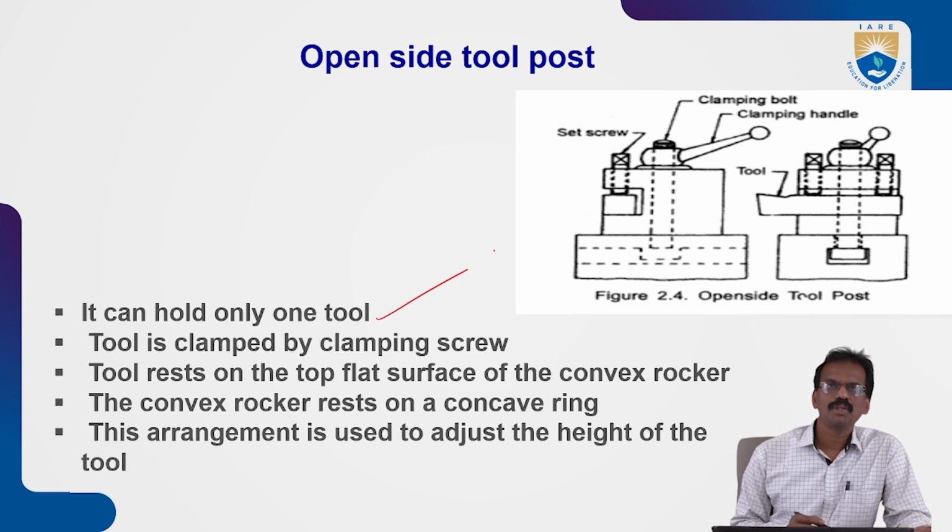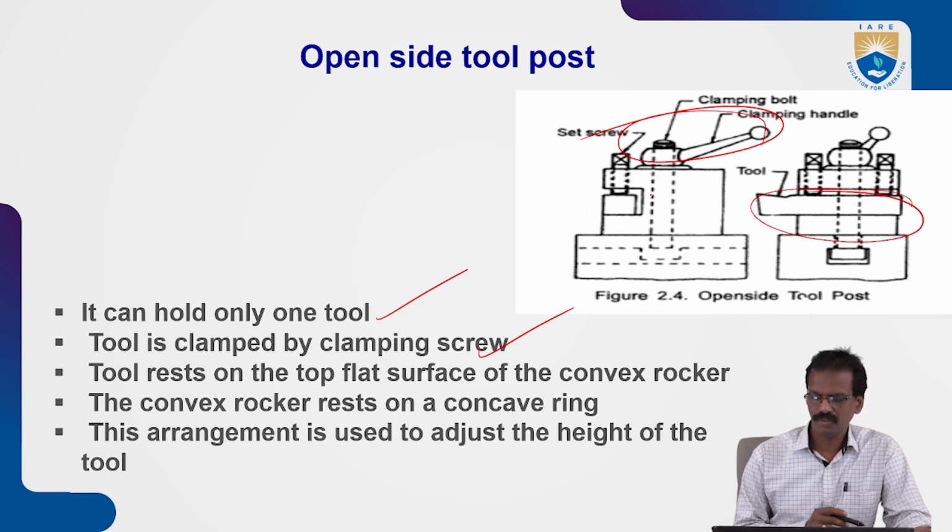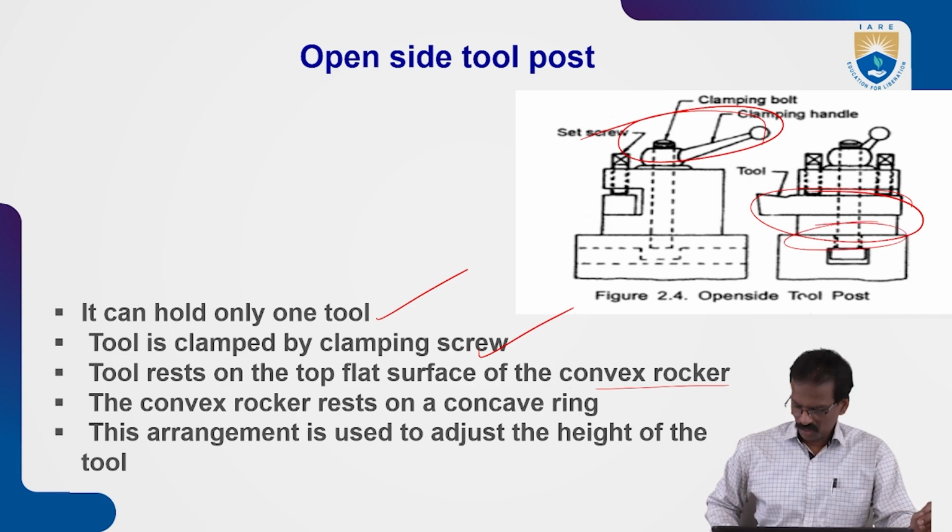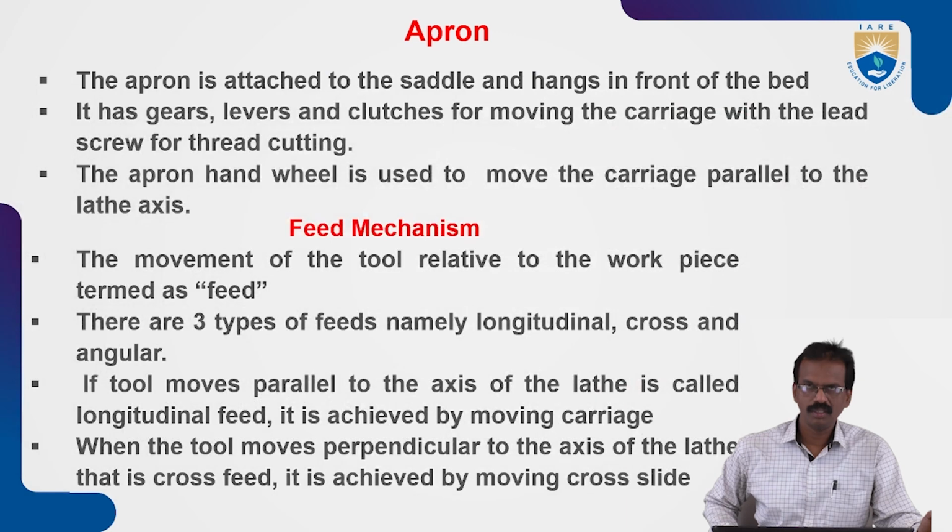So the tool is clamped by clamping screws. Okay, so the tool rests on the top flat surface. So this is the top flat surface on the convex rocker. So these are the two types of tool post given. We'll see details later.